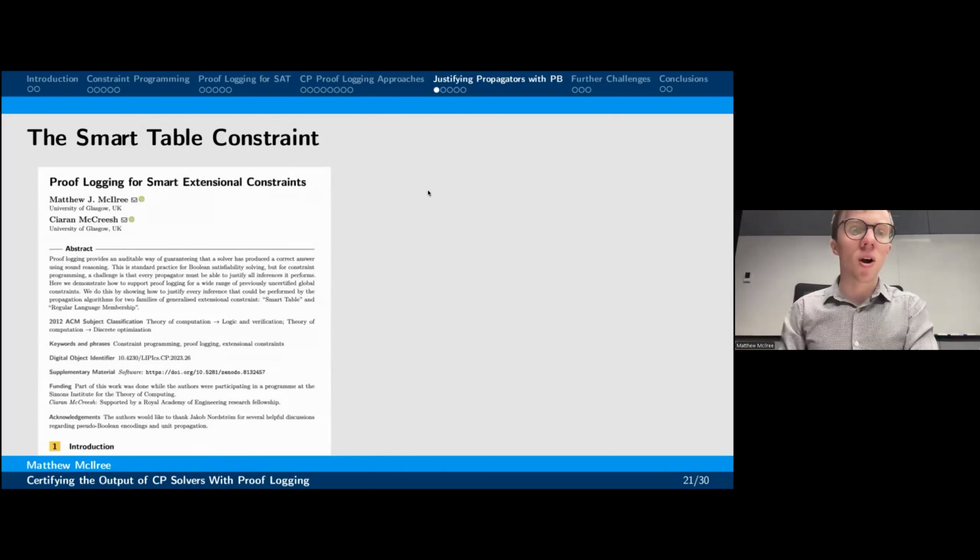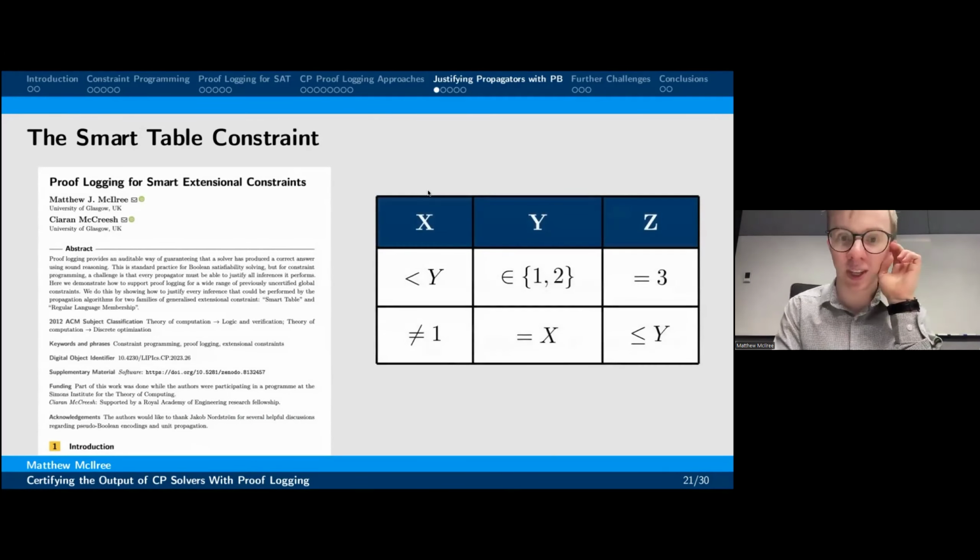The idea with the smart table constraint is essentially to compress this table representation, but rather than having values as the tuple values directly, you allow simple binary and unary constraints. So effectively, if you're more happy with SAT terminology, this is like a disjunctive normal form.